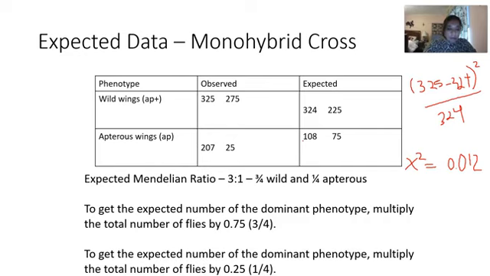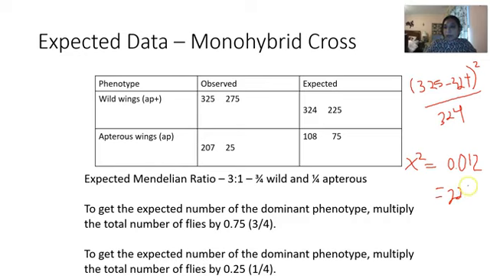So 25 minus 75, and then divide that by 75. And I get 33.33 plus 11.11. So I get 44.44, because one was a negative and one was a positive. In the second case, I get 44.44.